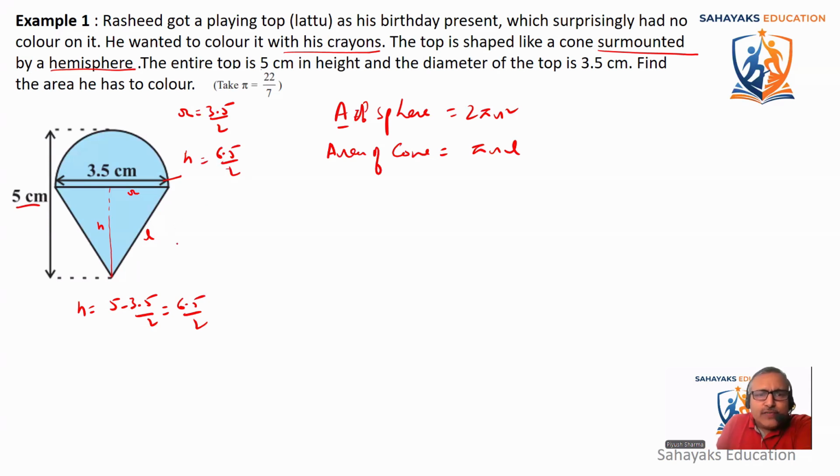Now we have to find the value of L. So L is equal to the square root of h square plus r square. This comes out to be the square root of (6.5 by 2) square plus r square. R square is (3.5 by 2) square.